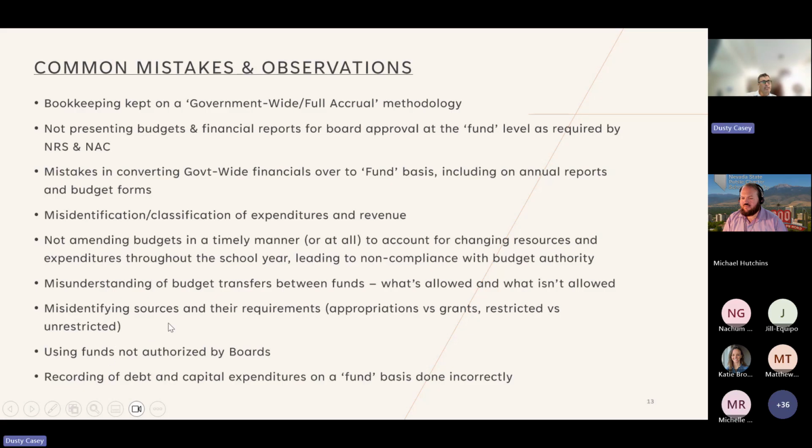Okay, a couple more bullet points here. Misunderstanding of how transfers work between funds, like what's allowed and what isn't allowed. Another real common one we're seeing is misconceptions around what's a grant and what's an appropriation. I'm going to show you an example here in a second.